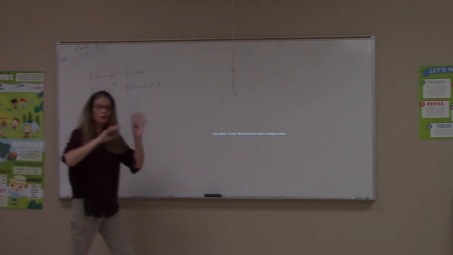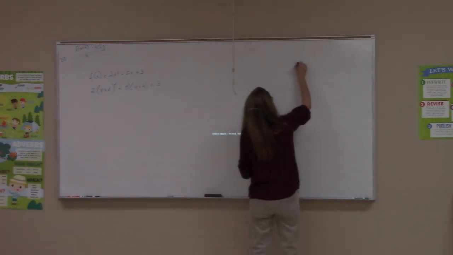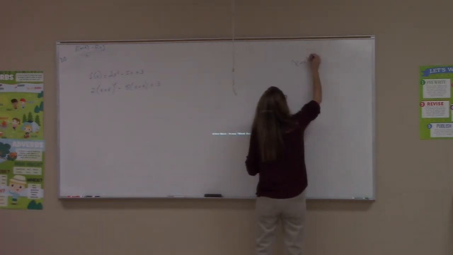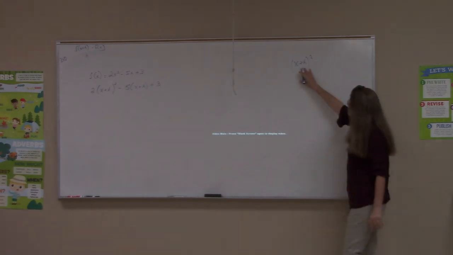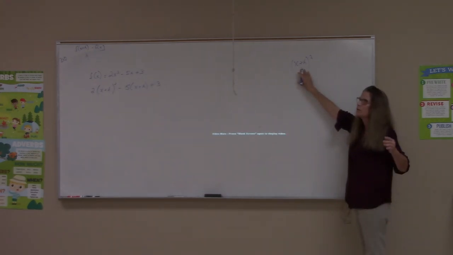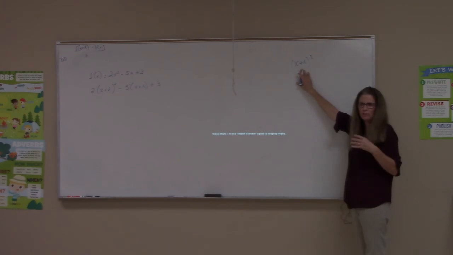No, you're going to FOIL it first. So here's a shortcut. I know I taught all four of you this. This turns out to be a perfect square trinomial, right? Do you remember the shortcut?